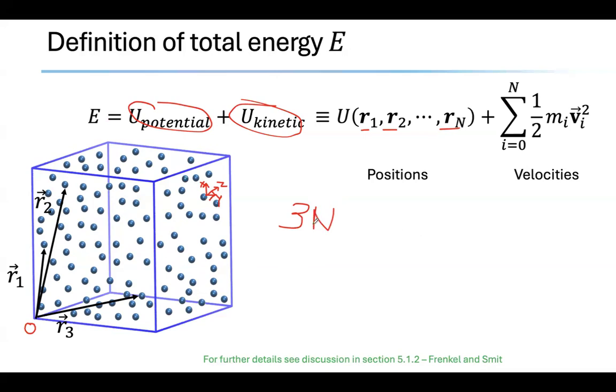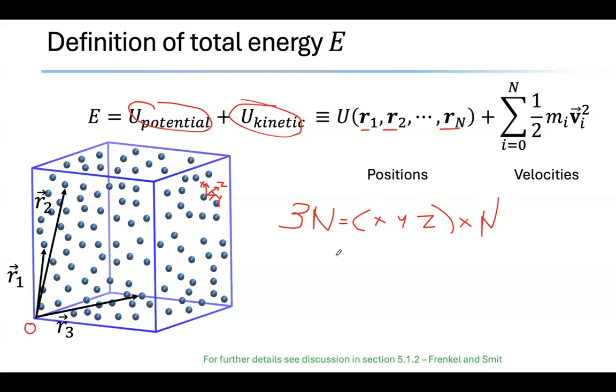And why do I say 3n? That is because each ball or each molecule can move in x, y, or z. And you can do this for n particles. And that is why you have 3n degrees of freedom.